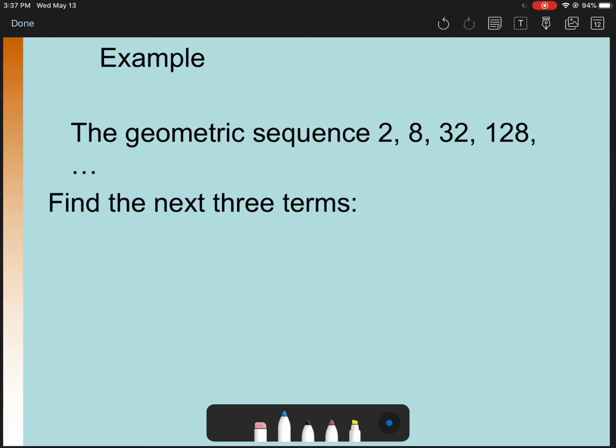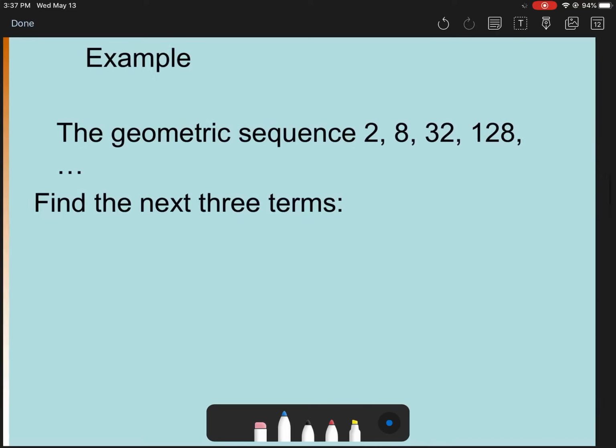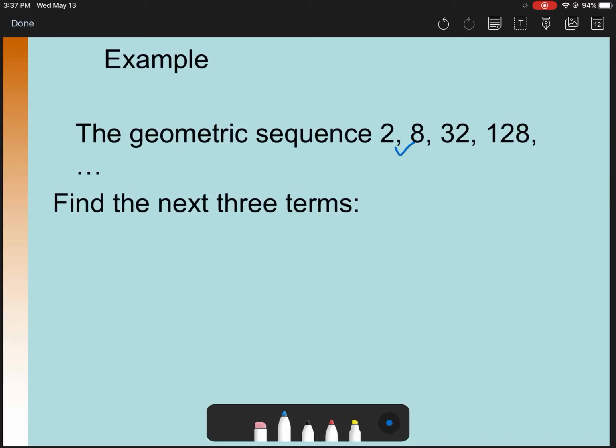We have a geometric sequence. They're asking us to find the next 3 terms. So you have here 2 times what gives you 8? 2 times 4. Okay, that's our common ratio. So 128 times 4.